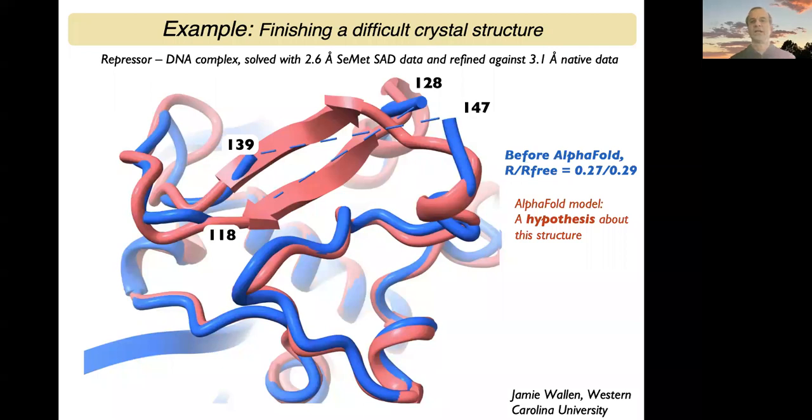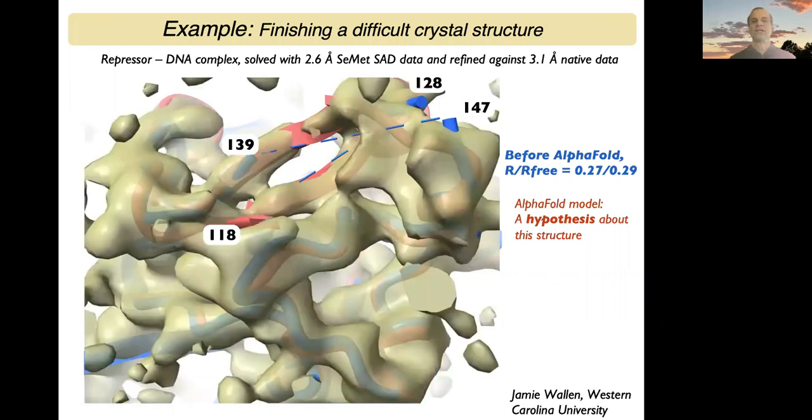And it presents a hypothesis for us about how to connect 118 to 128 and 139 to 147. You see that this hypothesis says that we got the end residues a little bit wrong, and we connect through the density. Wow. So the AlphaFold model didn't use that density, but it puts those residues in pretty much as good a place as you or I or anybody could figure out for fitting that density.